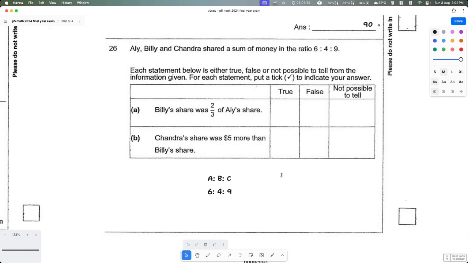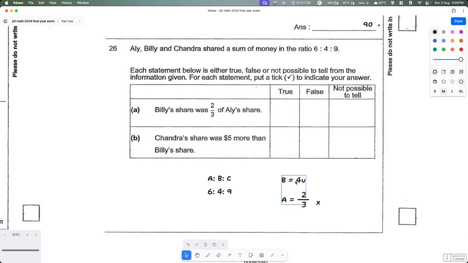So Billy is 4 units, and Ali is 6 units. Billy's share is 2/3, and then you have to multiply.